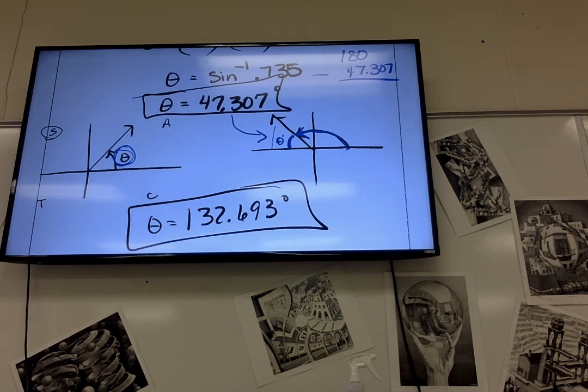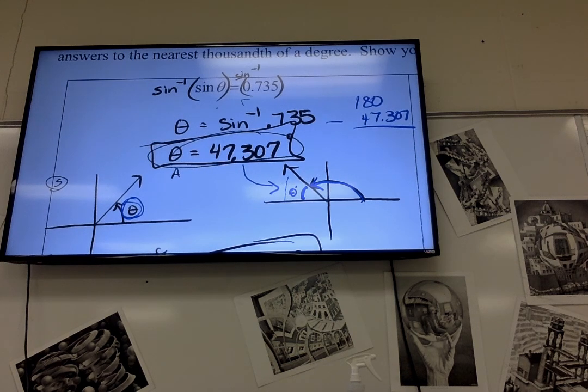I have a question. Yes. If at the very beginning we put the inverse sine of whatever and you got 47.307, is that always going to be in the first quadrant?